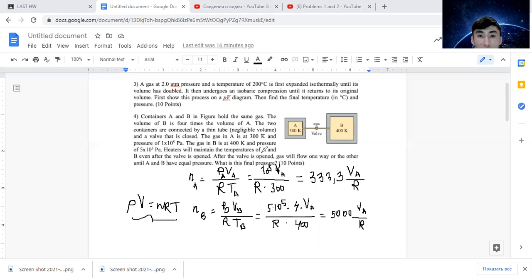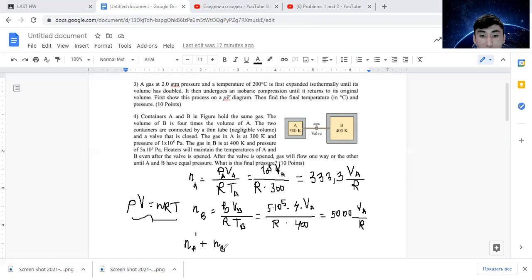So let's find the number of moles after the valve is opened. Now we know that the number of moles will be equal, right? Let's call it NA plus NB, the number of moles of the containers after the valve is opened.